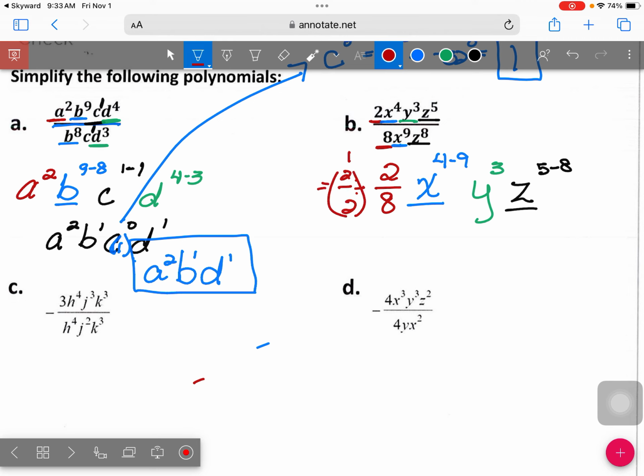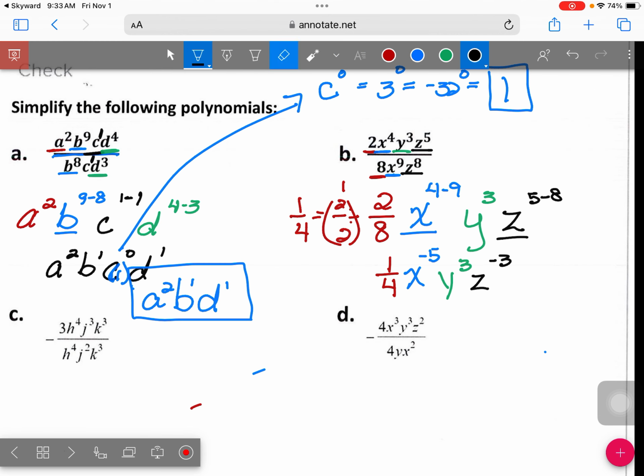And that's going to simplify to 1/4. So that's 1/4. X to the 4 minus 9. We can have negative exponents. Is going to be x to the negative 5th. And y to the 3rd, that stays the same. And z, 5 minus 8 is negative 3.